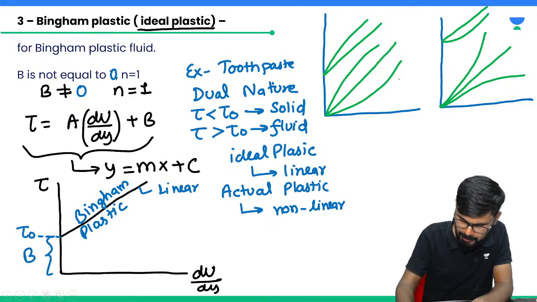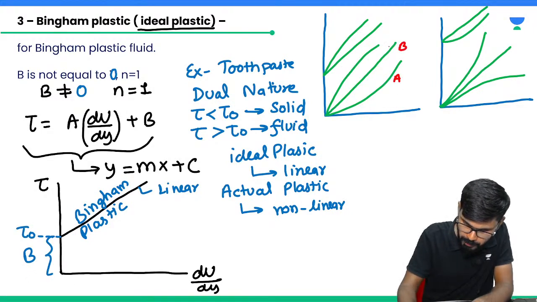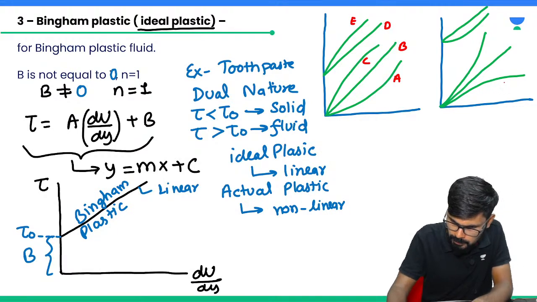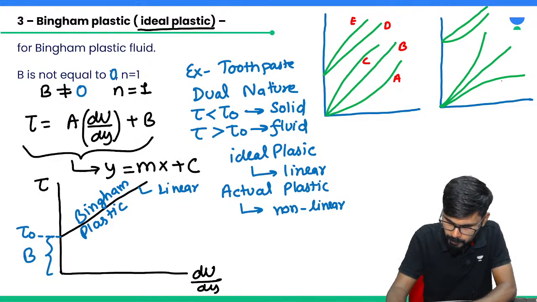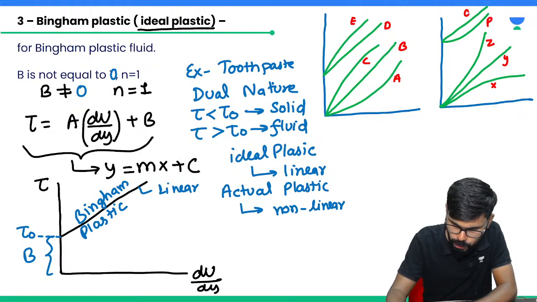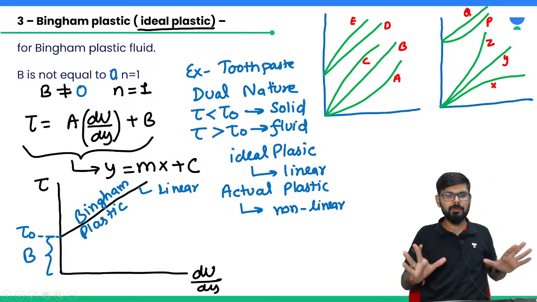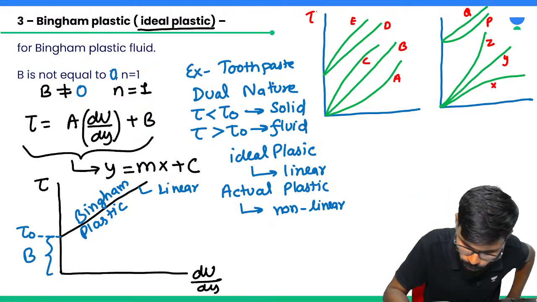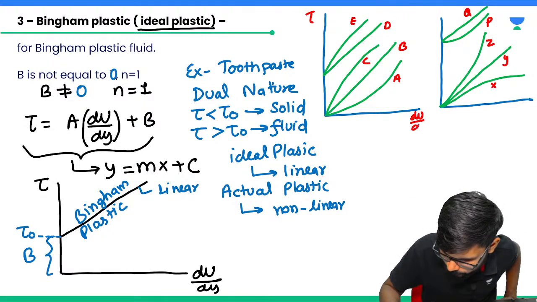Don't miss this concept. This is A, B, C, D, E, X, Y, Z, P, Q. Now tell me, this is tau du by dy.